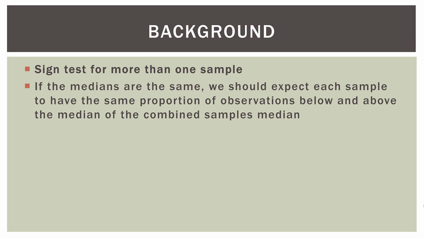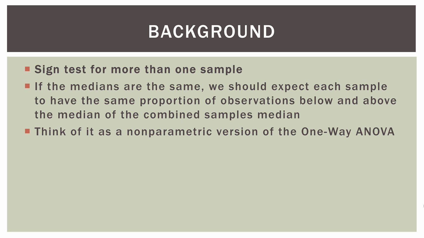Now, if the medians are the same, we should expect each sample to have the same proportion of observations below or above the combined samples median. There are a lot of words here in this bullet point, and when we actually see it, it'll be much more concrete. So think of it as a non-parametric version of the one-way ANOVA.